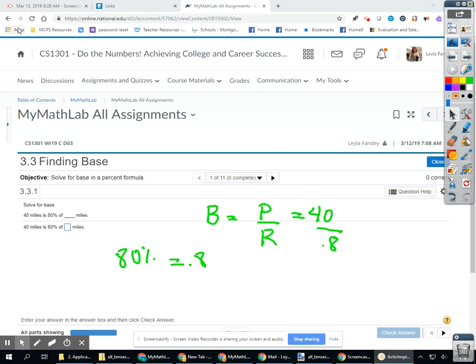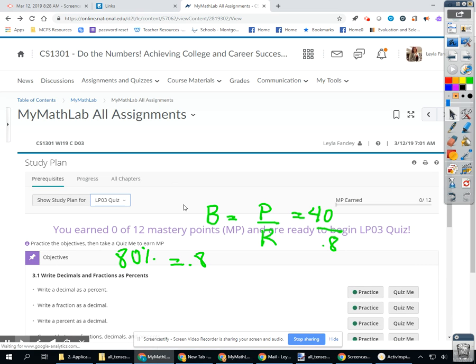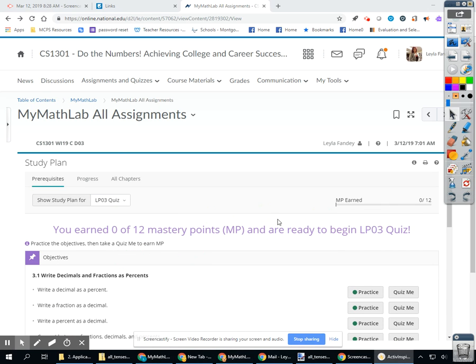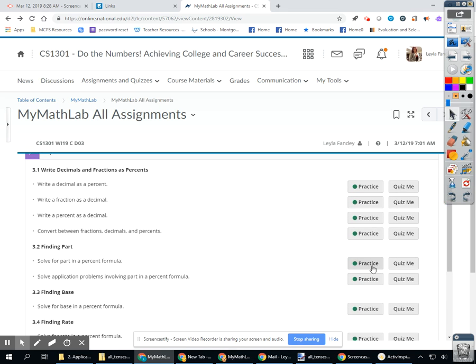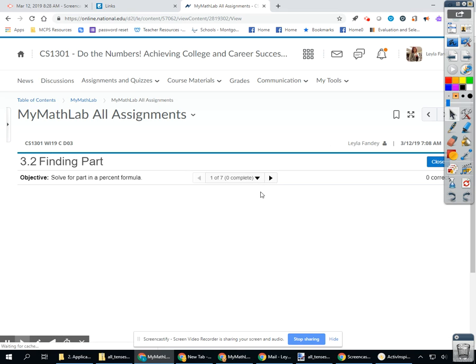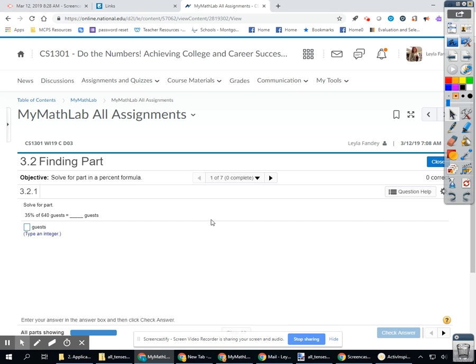Let's try one that's the opposite, when you are looking for the part. Here's an example. You want the part this time, and part equals base times rate.